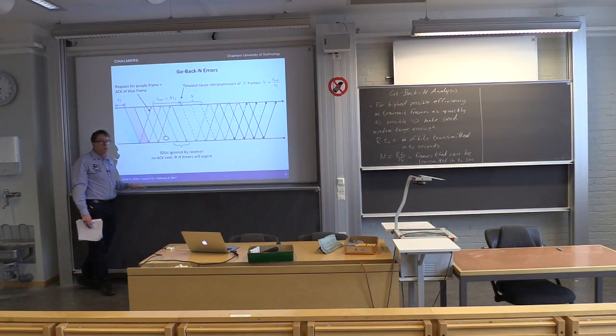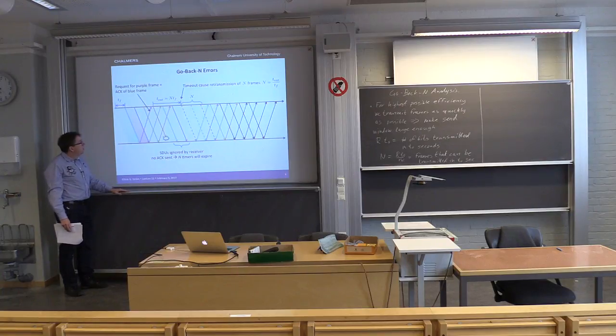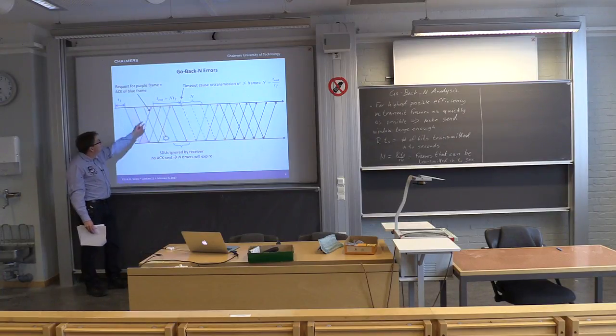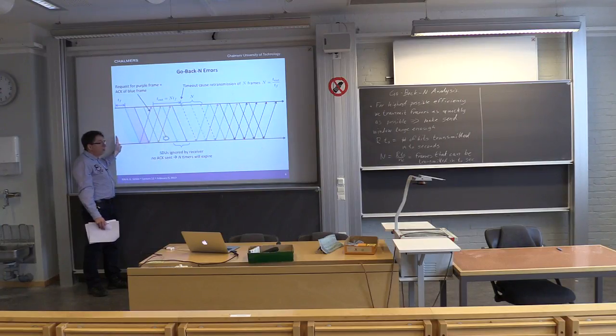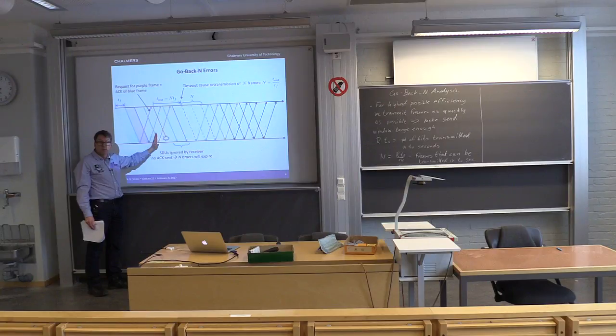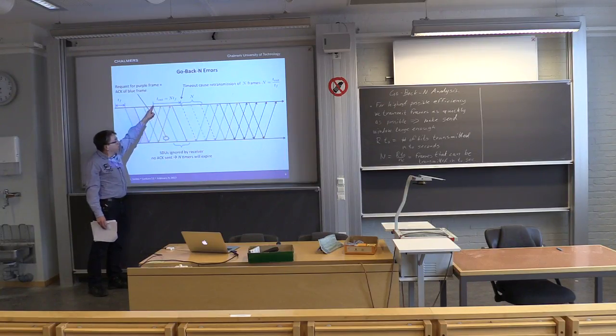So we would simplify this by just looking at what is the probability that this orange frame is delivered, assuming that all the frames before it were successfully delivered. Okay. So we're going to look at this frame, and then how long does it take before this frame is delivered?